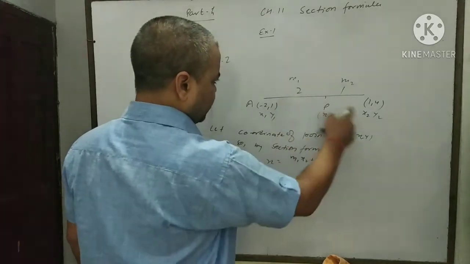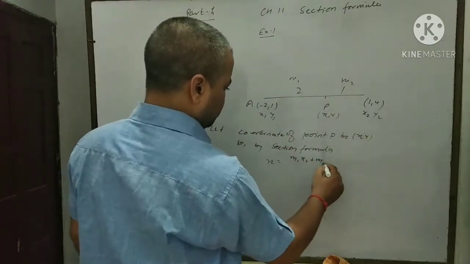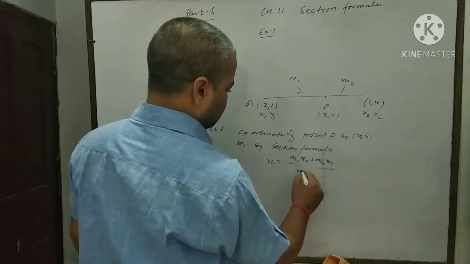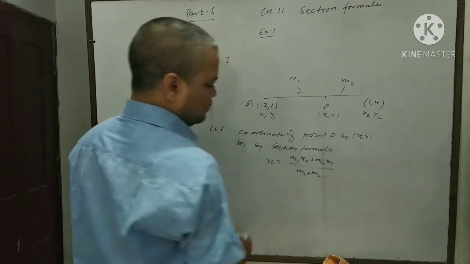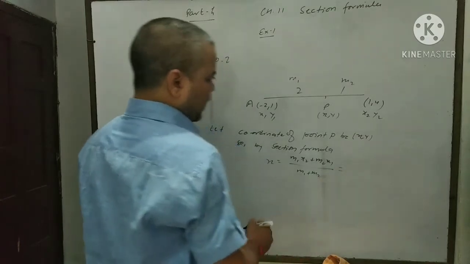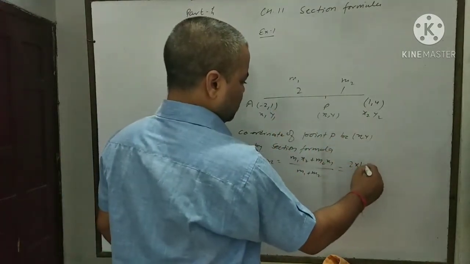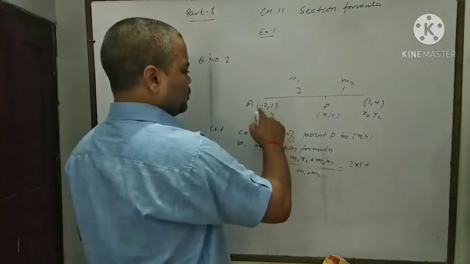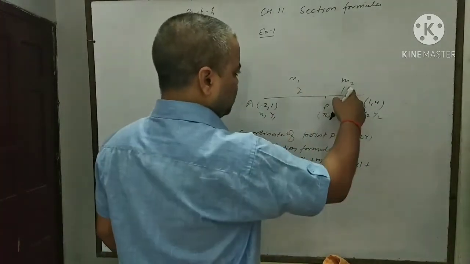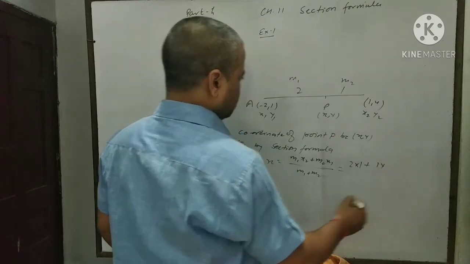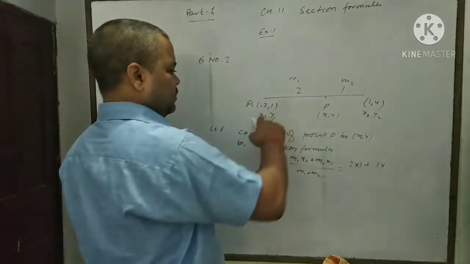In this formula m1 means 2, m1 x2 means 2 into 1, plus m2 x1, m2 means 1, into x1. What is the value of x1?